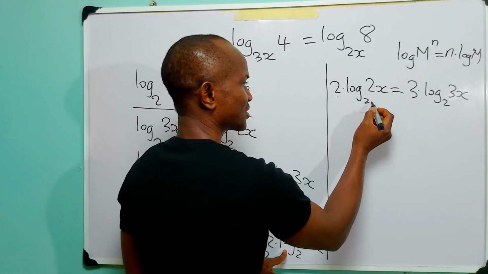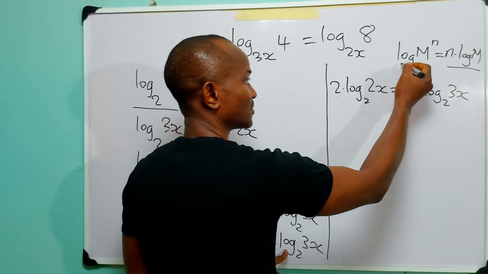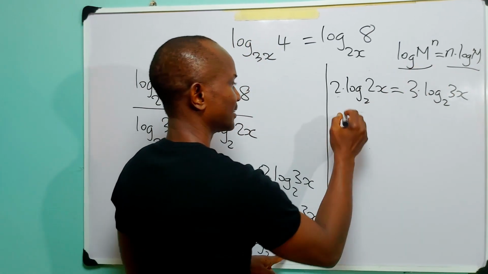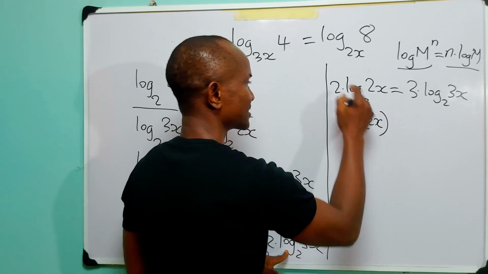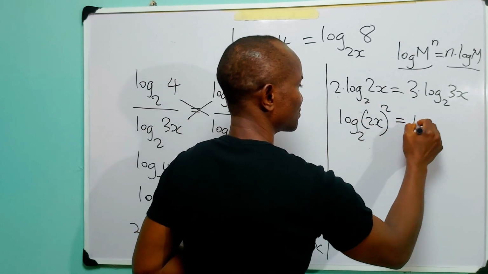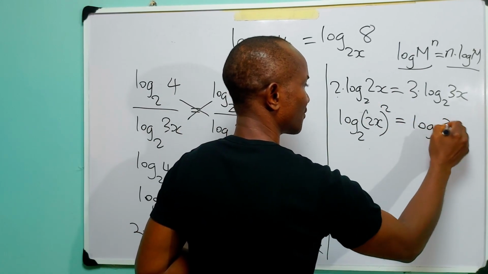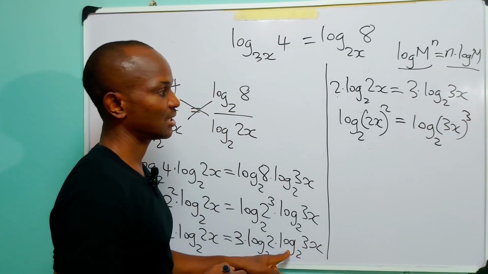We have 2 times log to base 2 of 2x. It is written in this form. So, of course, we know that we can write it in this form. And doing that, it becomes log to base 2 of 2x, 2 goes up, squared, is equal to log to base 2 of 3x, 3 goes up, cubed.